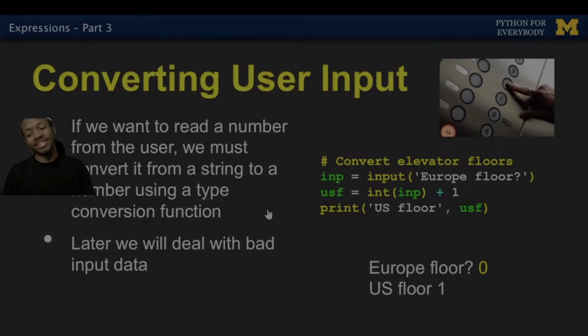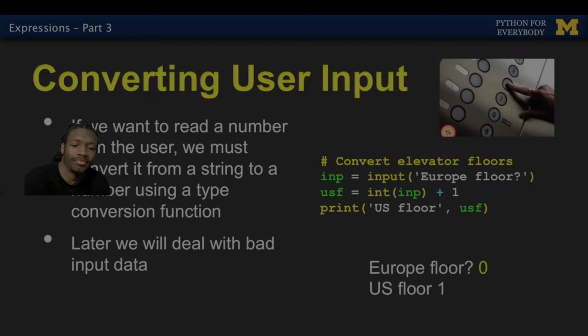So we have an extra floor, and in order to represent that extra floor, we add 1. Now we can print US floor, comma, usf. Okay, input, processing, and output, and it's a three-line program with one comment.